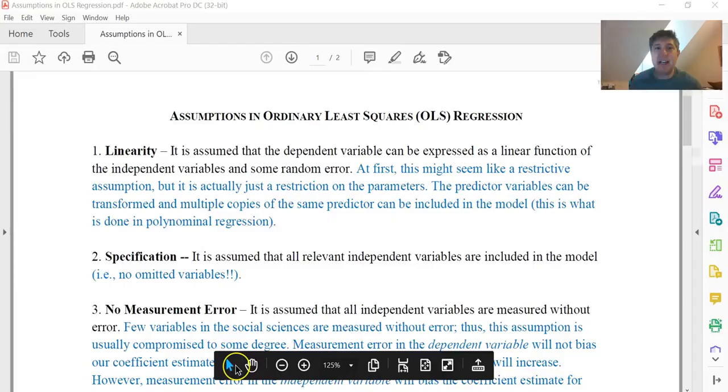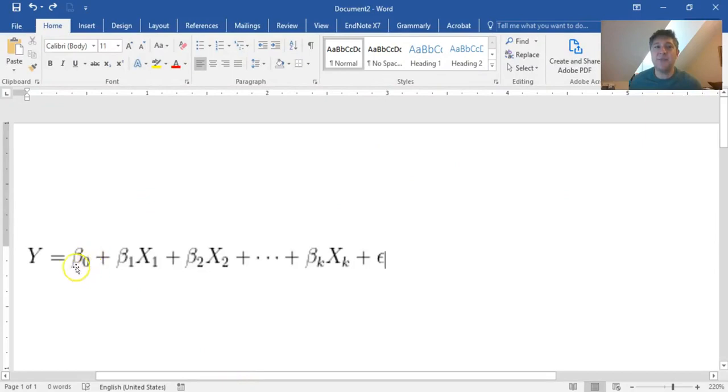What we mean by the linearity assumption is that the actual functional form of the equation is linear, that it can be expressed by a constant and then a coefficient estimate times your predictor variable, and that these are all added together.